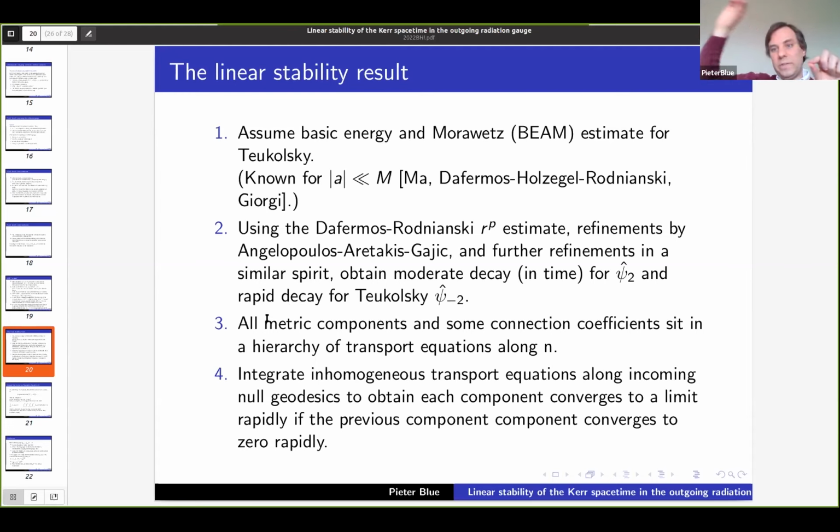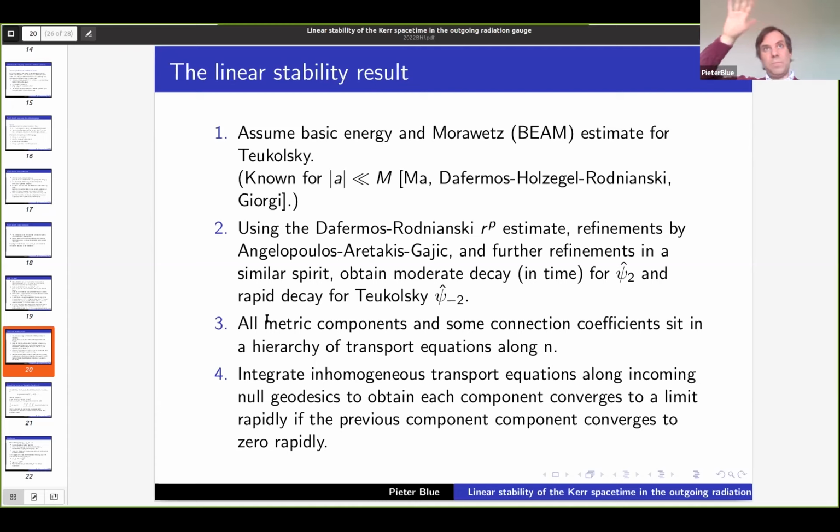All the metric components can be recovered from the spin -2 Teukolsky component by going through some of the connection coefficients that we recover along the way. This is done by integrating along the transport equations, and there's a hierarchy of transport equations. So you start with the Teukolsky variable, you integrate up to get one of the connection coefficients, you integrate that again to get one of the metric coefficients.